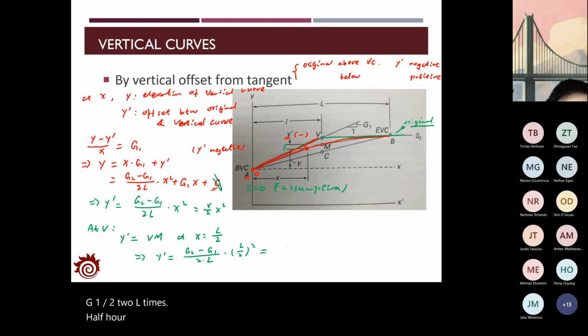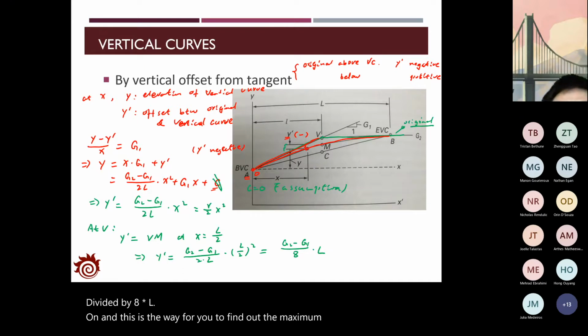That is (G2 minus G1) divided by 8 times L. And this is the way for you to find out the maximum offset.